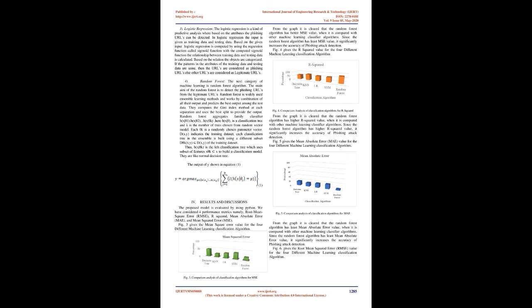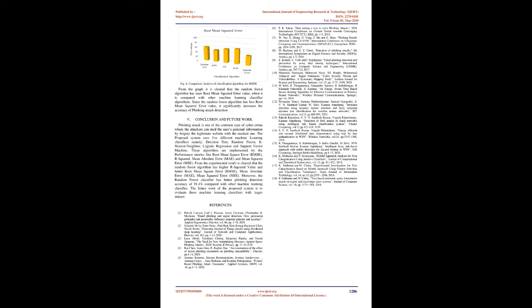D(x, y) indicates the training data set, and each classification tree in the ensemble is built using a different subset Dk(x, y) of the training data set. Thus, h(x, Θk) is the kth classification tree, which uses a subset of features to build a classification model. They are like normal decision trees. The output y is shown in equation 1.